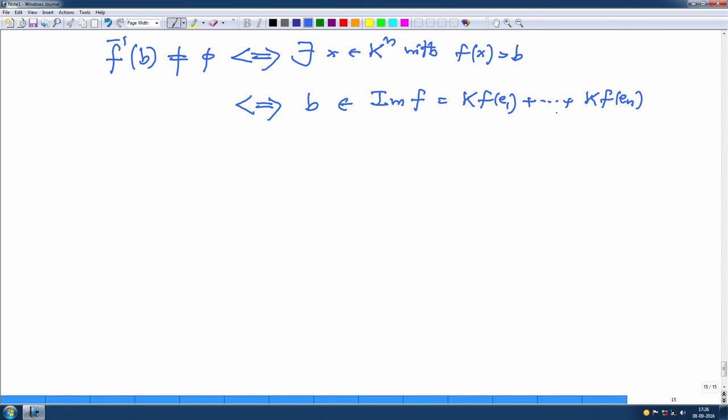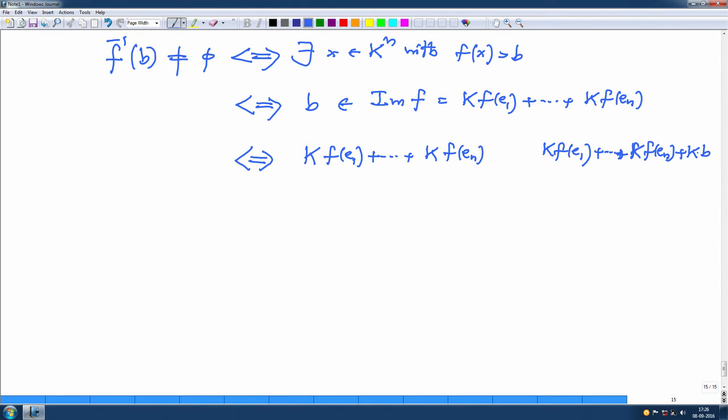If this b belongs here, that is equivalent to saying the two subspaces, generated by f of e1 to en, and generated by f of e1 to f of en plus kb, are equal. If I add this b to the generating system, it will still generate. So that is the meaning of this being equal. This inclusion is obvious. What is more important is that b belongs to this set.